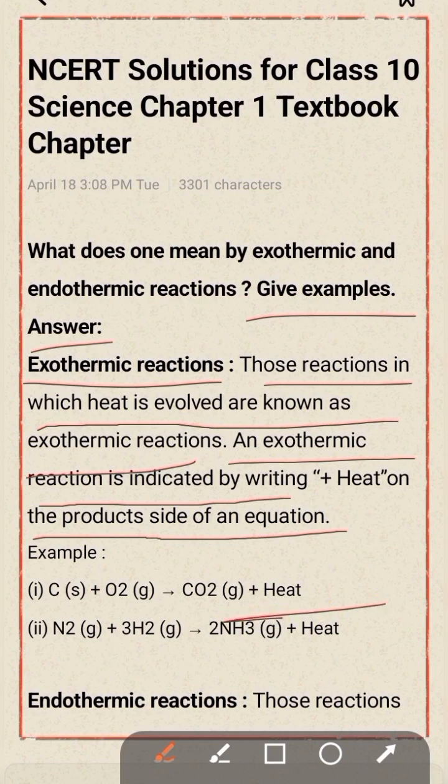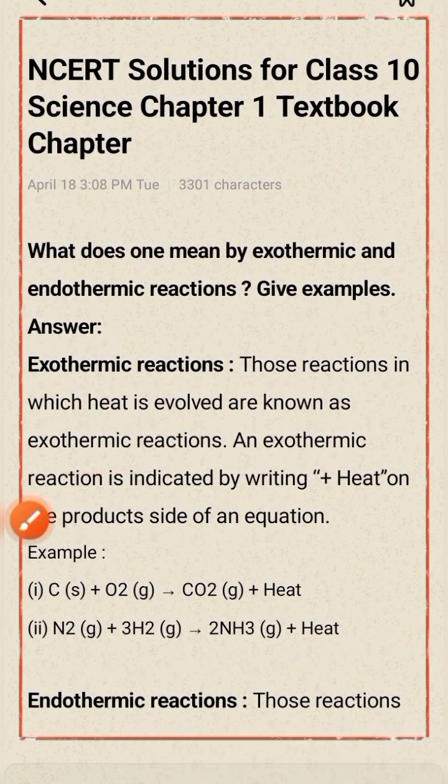Next example, N2 gas plus 3H2 gas form ammonia 2NH3 gas plus heat.